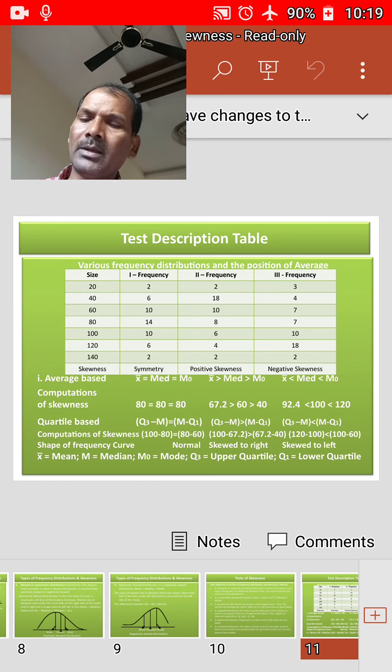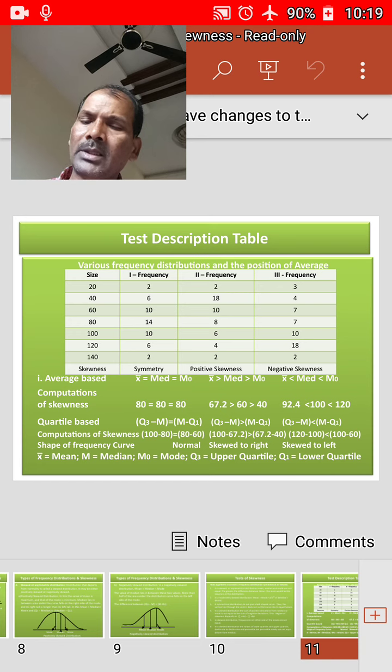Whereas in case of second, that is Q3 is 100 minus median is 67.2, and lower quartile is 40. That is 100 minus 67.2, 67.2 minus 40.